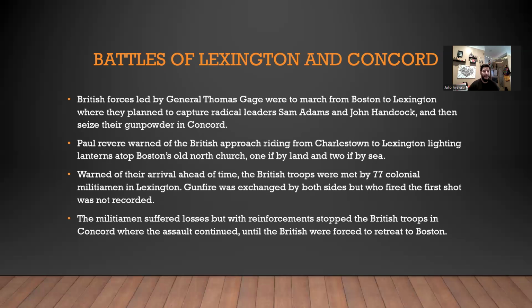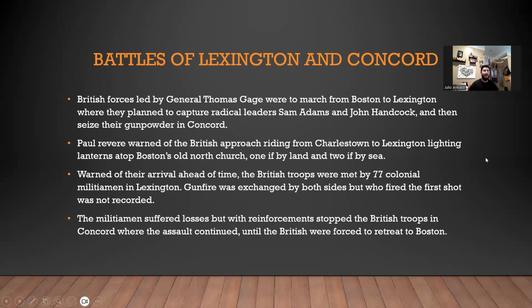Because of his warning, the militiamen were able to confront the British troops in Lexington. There were 77 colonial militiamen that met the British troops, and gunfire was exchanged by both sides. But no one knows who fired the first shot, or so they say.